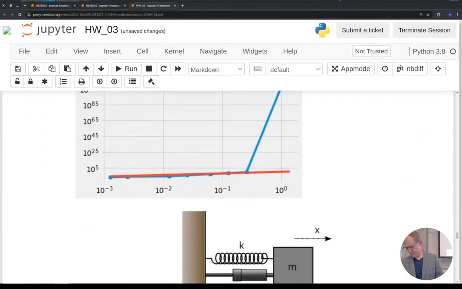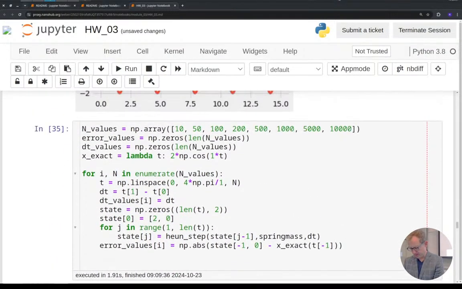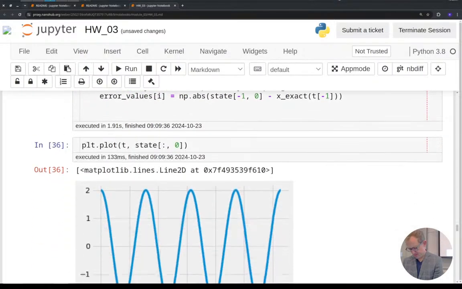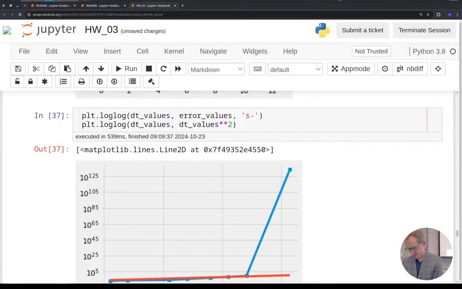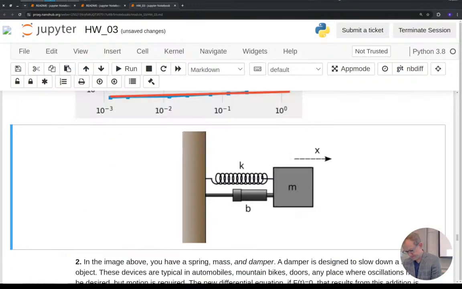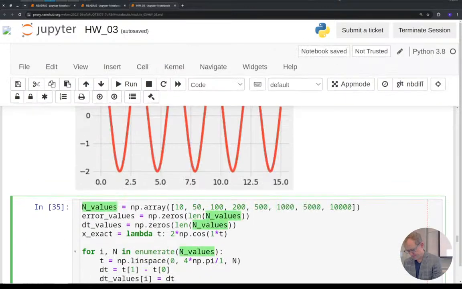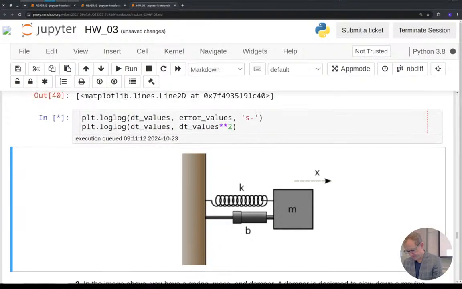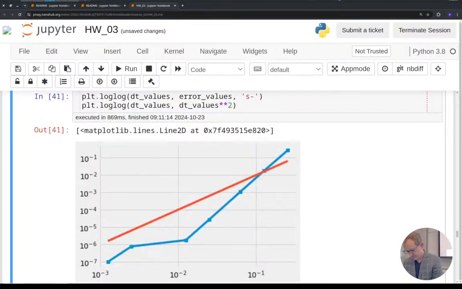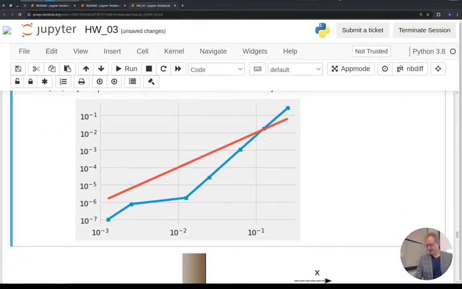Yeah. And here I'm trying to scroll back up to our Heun step integration. There's something different in this Heun step.